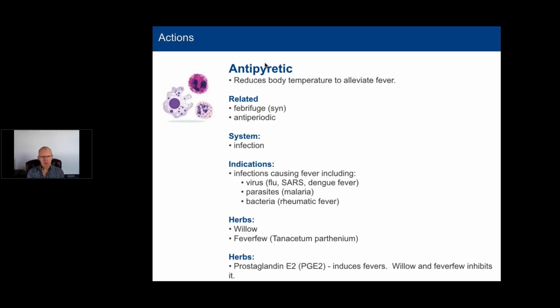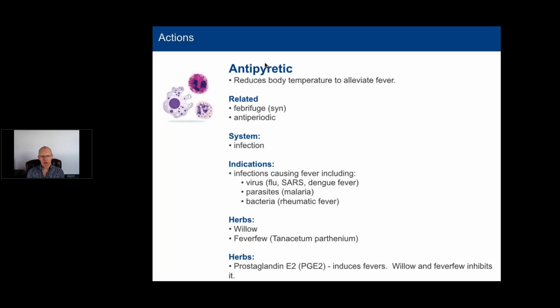Now, if you know anything about biochemistry and the different pathways in the body, remember when we talked about inflammation and the inflammatory processes using various enzymes like cyclooxygenase. Just be aware that cyclooxygenase is just one of the enzymes involved in inflammation, and different prostaglandins get produced from that.